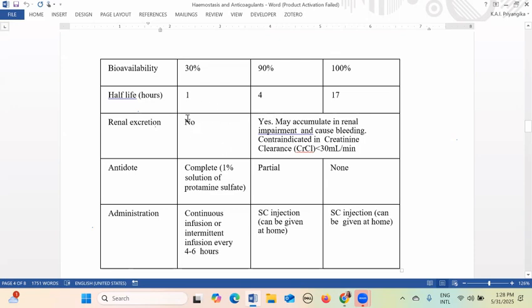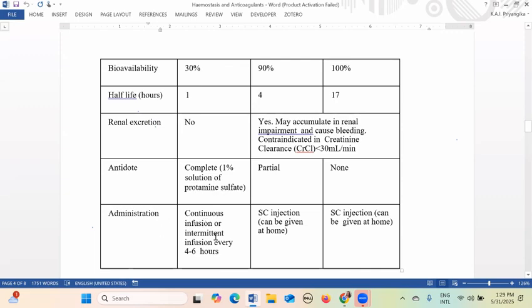Therefore, we can use it even for a renal failure patient. Antidote is complete with 1% solution of protamine sulfate for heparin, partial for low molecular weight heparin, and none for fondaparinux. Antidote in the sense that if it gets overdosed, we can have excessive anticoagulation and bleeding. For that, we can use protamine sulfate for unfractionated heparin.